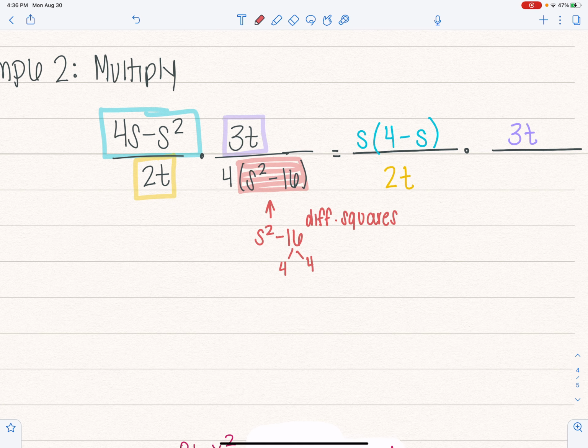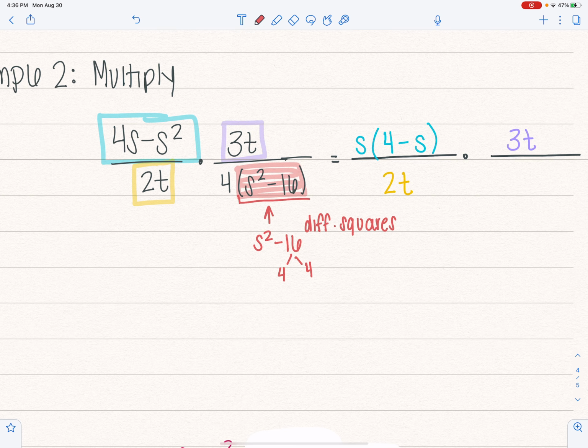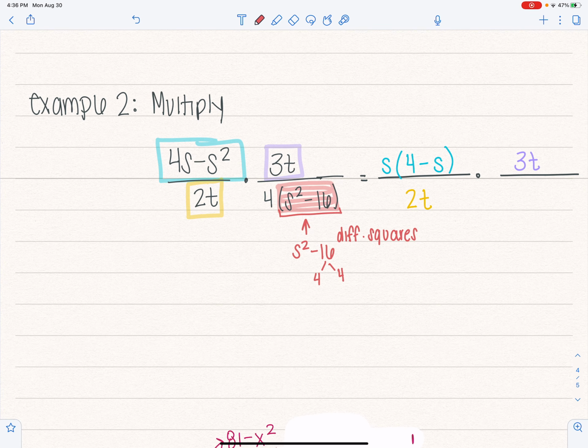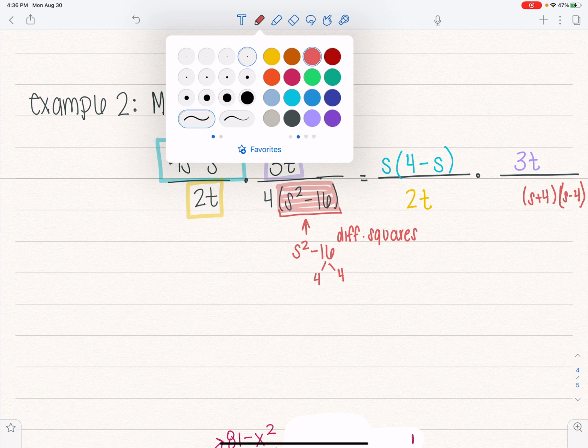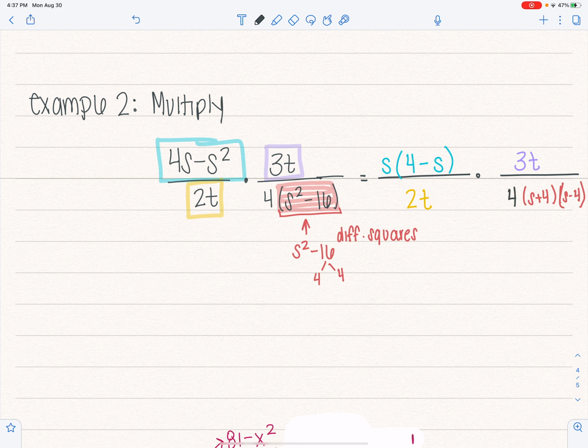So I can rewrite just that highlighted part, just the s squared minus 16, as s plus 4, s minus 4. And then I still have that 4 all the way out front.